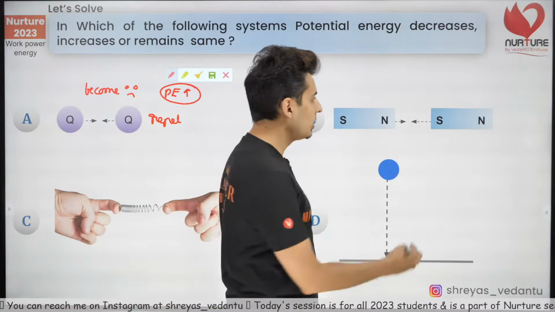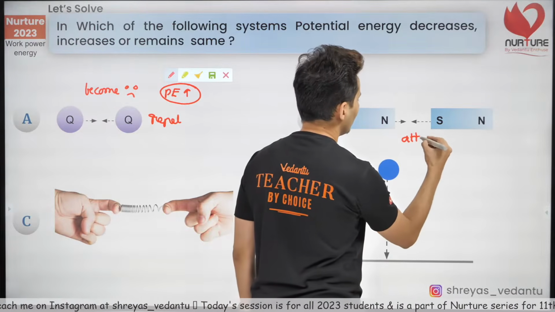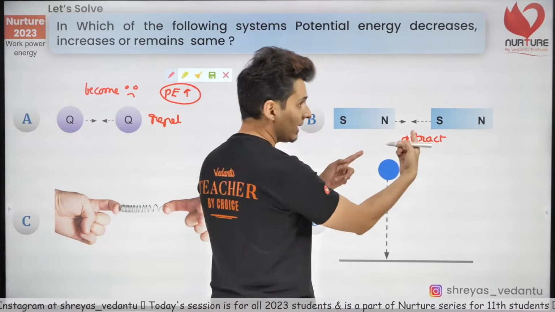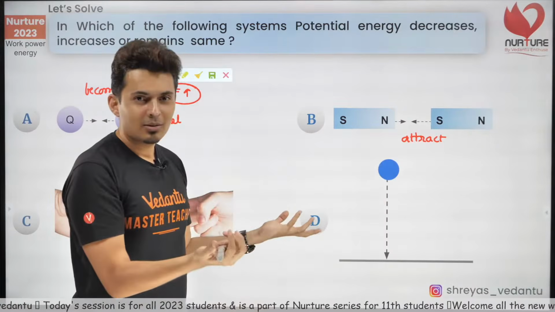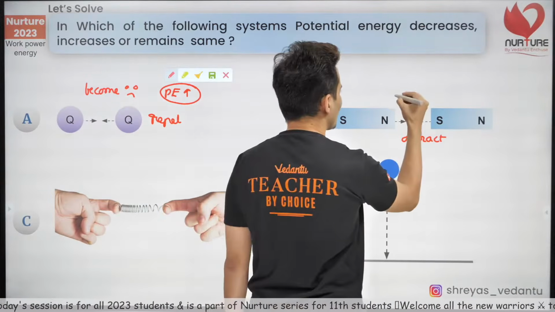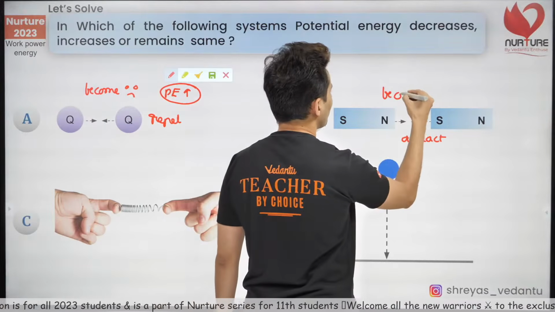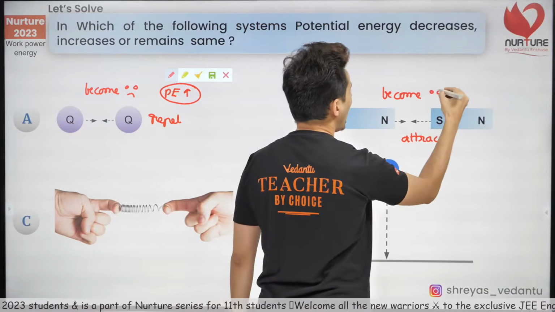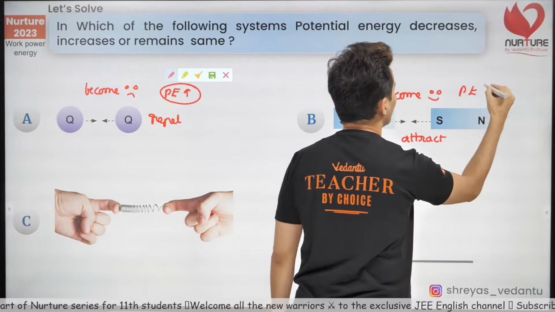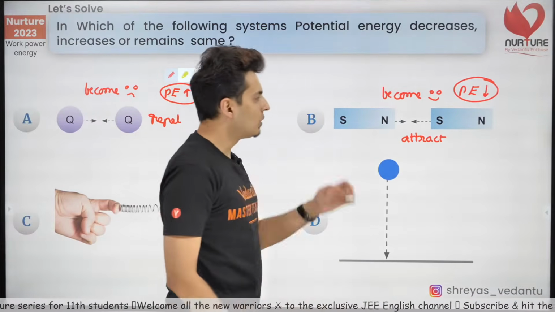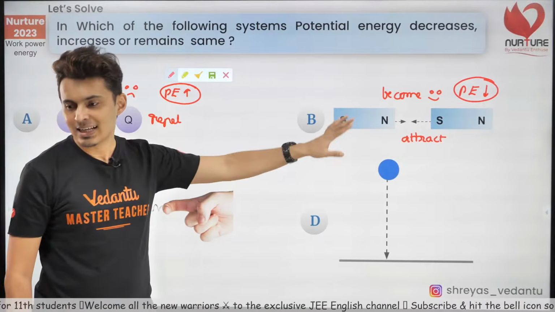North pole and south pole, obviously they will attract. So when you bring them closer, they become happy because that's what they want to do. And what is happiness associated with? Decrease of potential energy. I just told you. You don't need to remember any formulas for this.